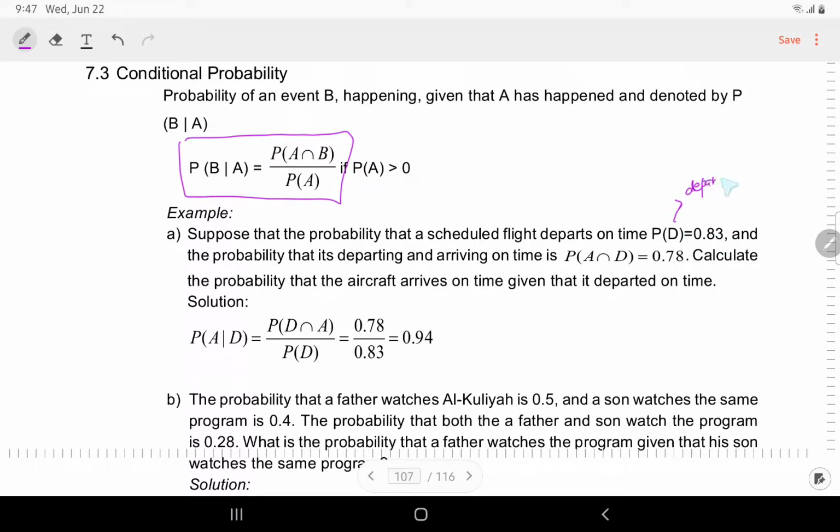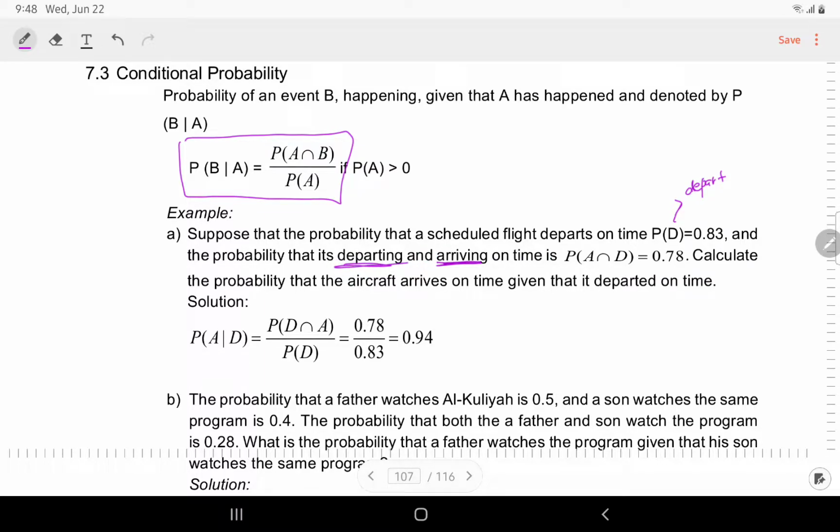So this is the probability for event the flight was depart, 0.83. And the probability that is departing and arriving on time is P(A intersect D) equals 0.78. A intersect D. A is arrival, and D is depart.